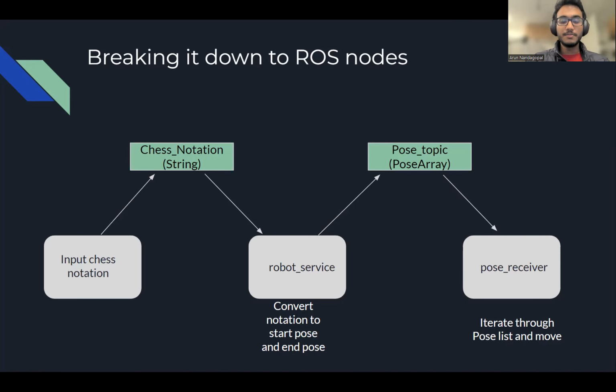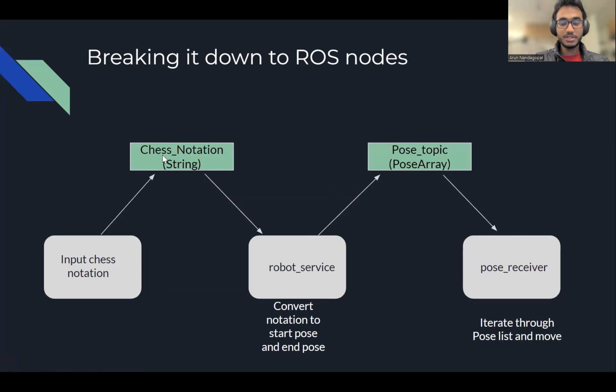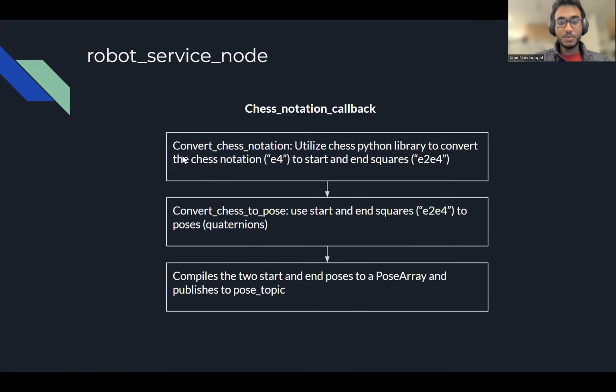The heart of the whole thing is this robot service node. This node has a callback function which is called whenever something is published onto the chess notation topic. Whenever it is published here, it receives whatever is published.